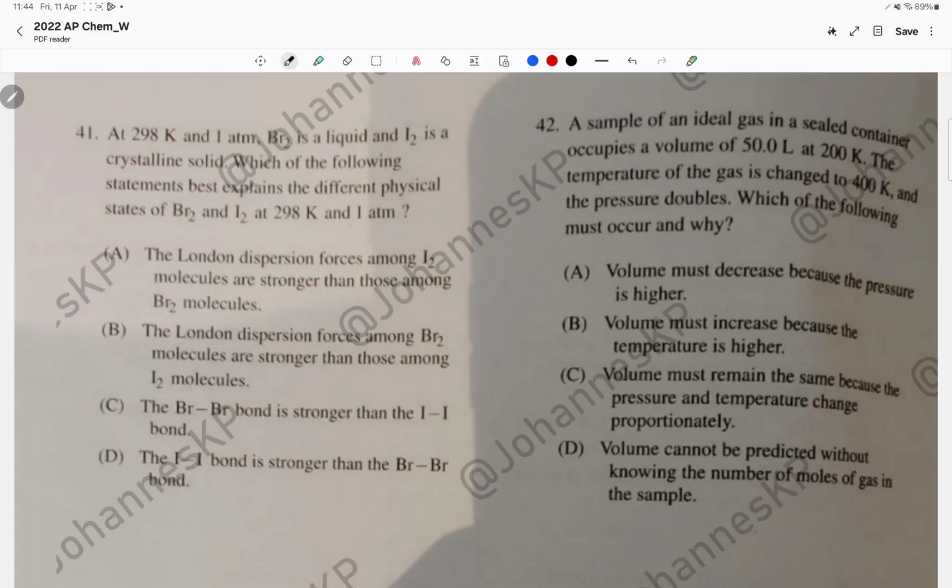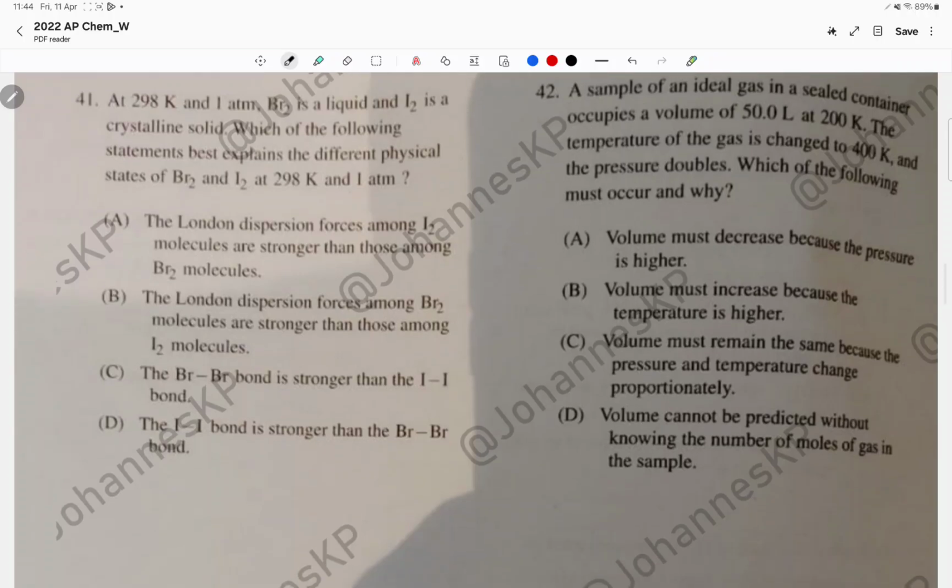Okay, physical states of Br2 and I2 at 298 Kelvin. Br2 is a liquid and I2 is a solid.